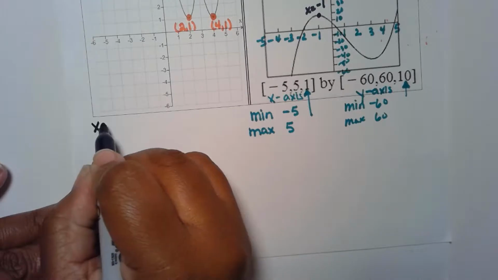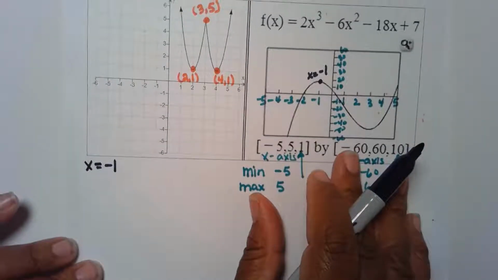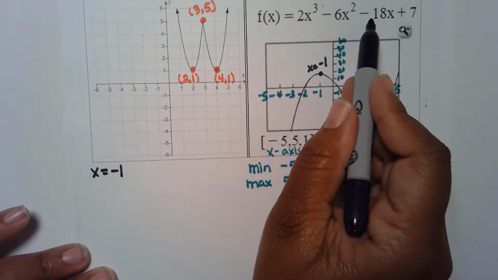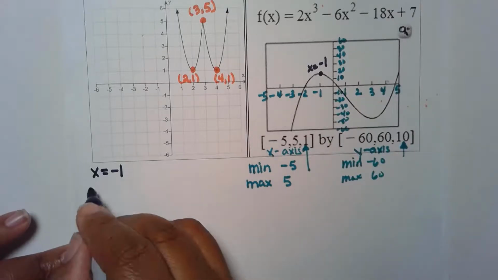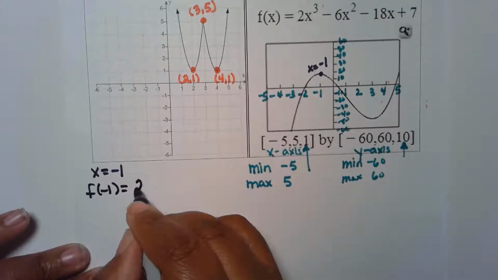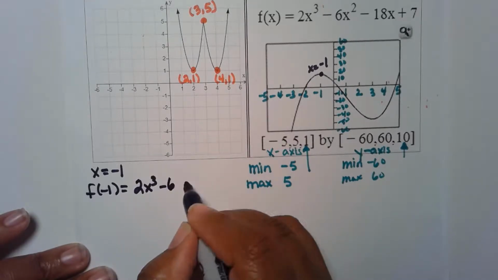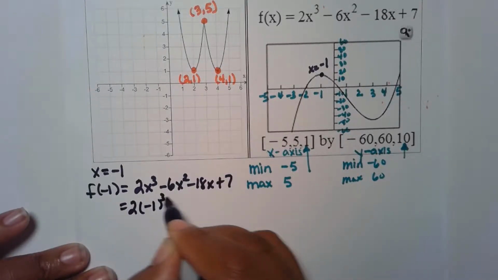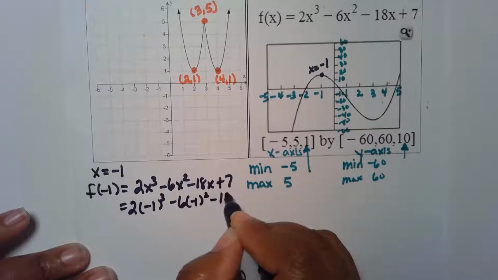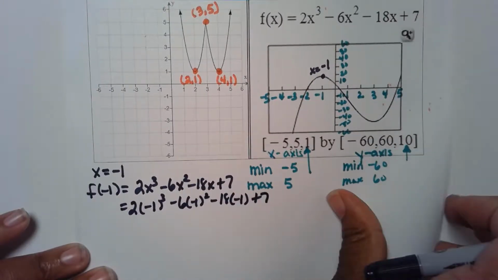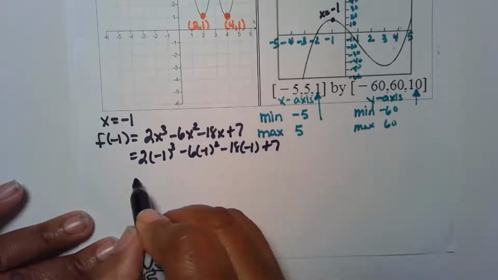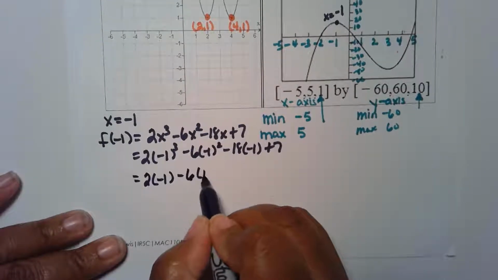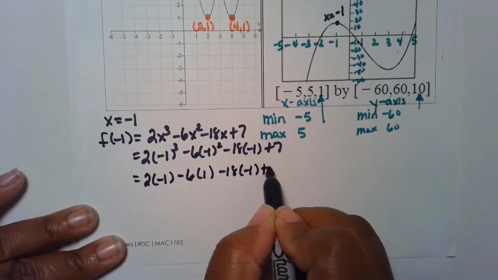So when x is -1, we have our equation that's listed, 2x cubed minus 6x squared minus 18x plus 7. Let's plug that value in. So 2 times (-1) cubed minus 6 times (-1) squared minus 18 times (-1) plus 7. Let's do the exponents. We have 2 times -1, because (-1) cubed is -1, minus 6 times 1, minus 18 times -1, plus 7.